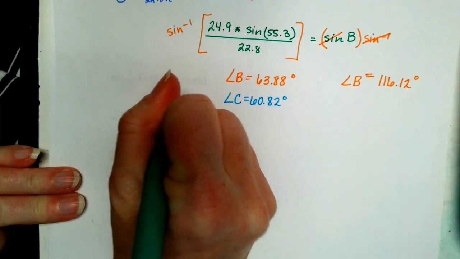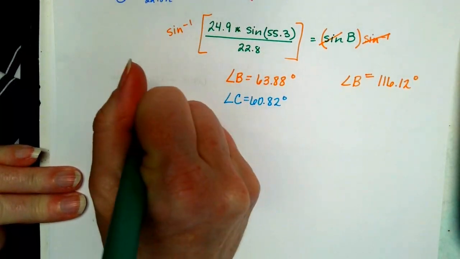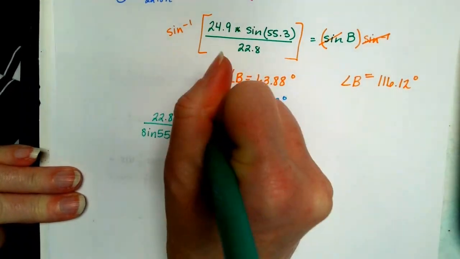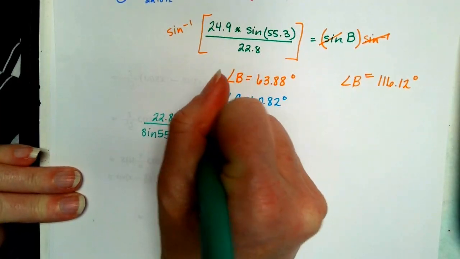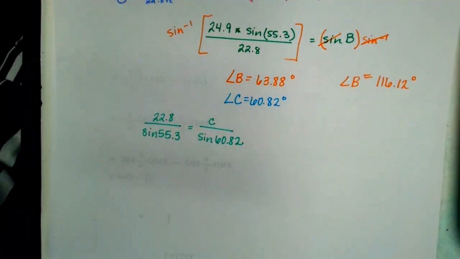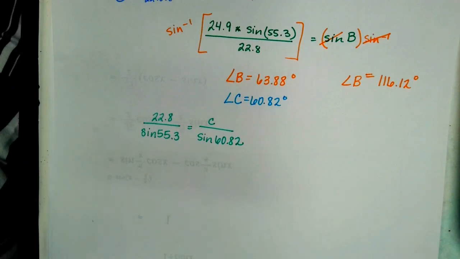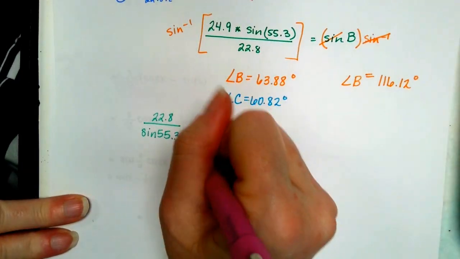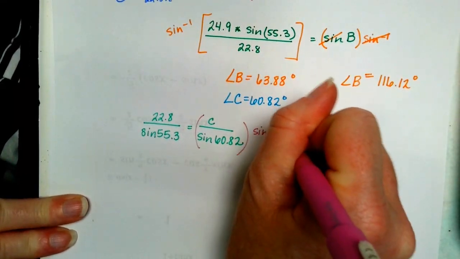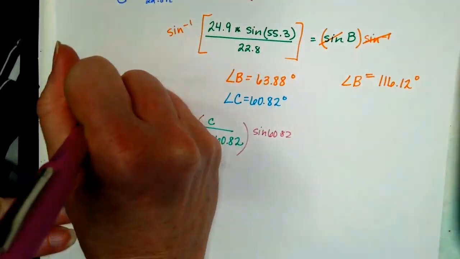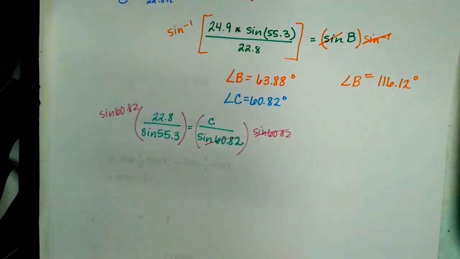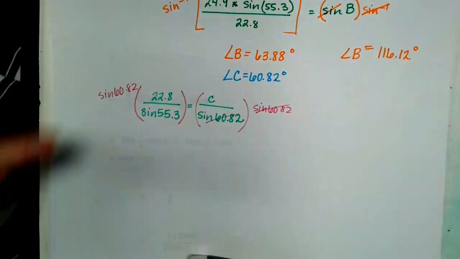So I'm going to do sides on top. So side A, 22.8, over sine of angle A, equals side C over sine 60.82. So now I'm going to do all the algebra before I put anything in my calculator. So this time I have to clear the sine 60.82. And I can just plug that in my calculator just like it's written.